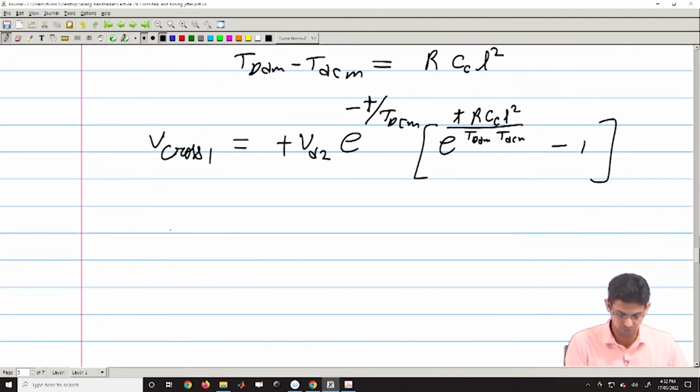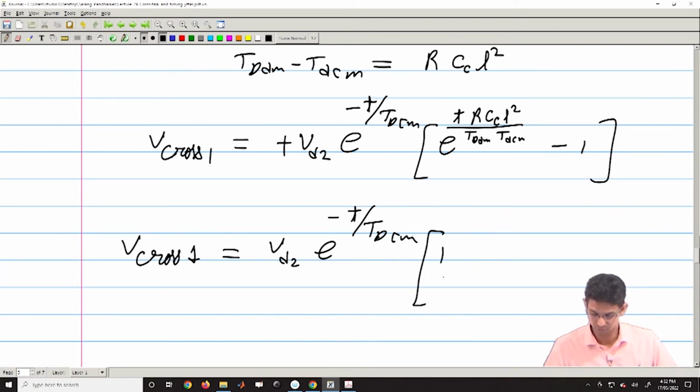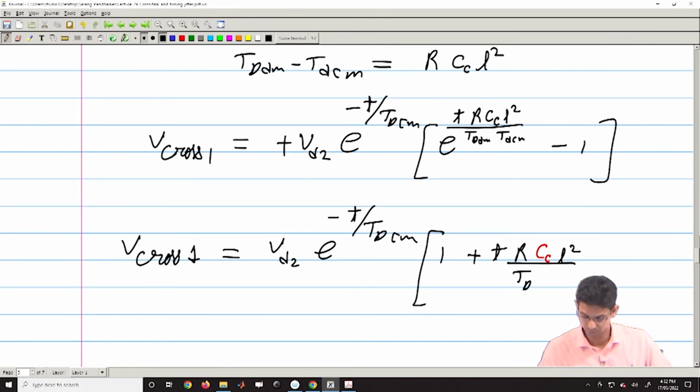Now, if I do an expansion of this exponent, I will get V d 2 e to the power minus t divided by t d c m into, so I will have 1 that will cancel out with the minus 1, plus t into r into c c into L square divided by t d d m t d c m and more terms.